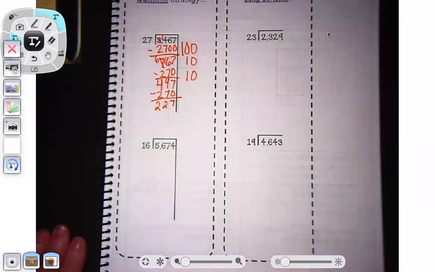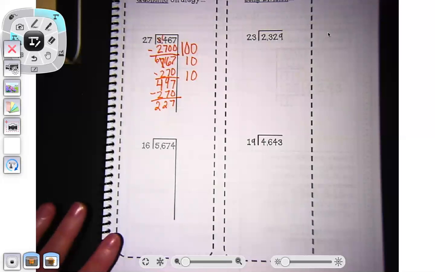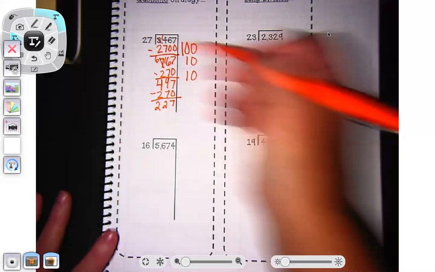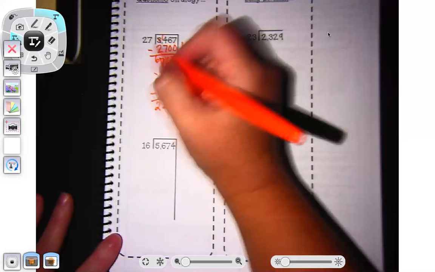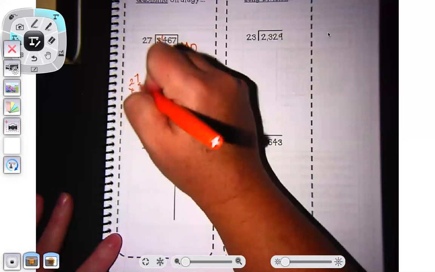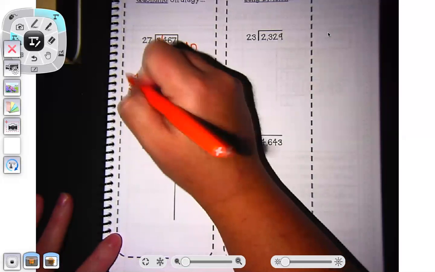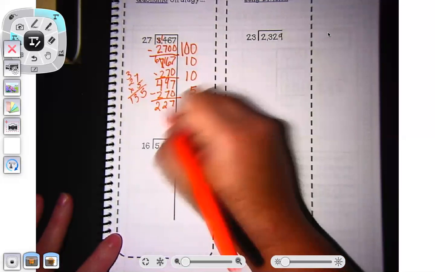So what I am looking at is how many times can 27 go into 227? So maybe I should try 5. So let's say 27 times 5. And you may have to do some work out here to the side, just like Miss Lamont is doing.